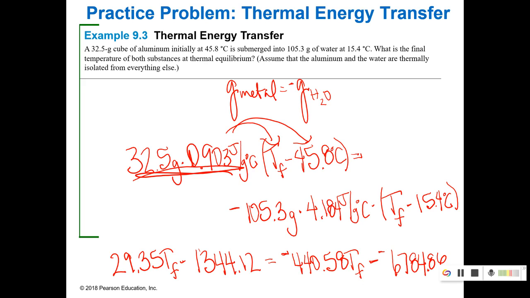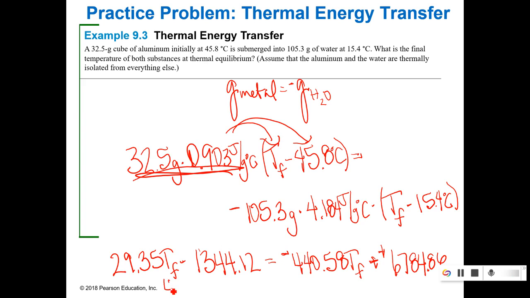So once we are to here, we need to get the TFs on the same side and the numbers on the same side. Okay, remember this becomes positive, so 29.35 plus 440.